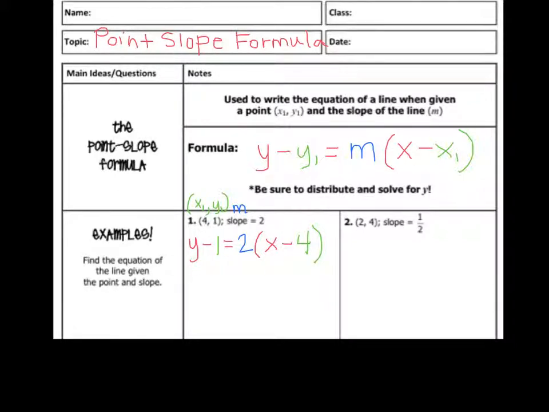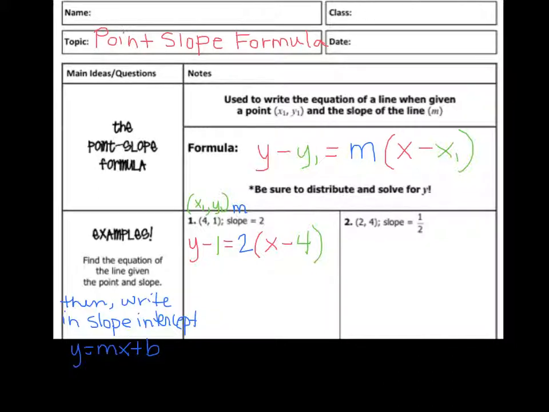Then what we're going to do is we're going to go ahead and make sure that we put this in slope-intercept form. So then we're going to write in slope-intercept. So remember, slope-intercept form is y equals mx plus b.